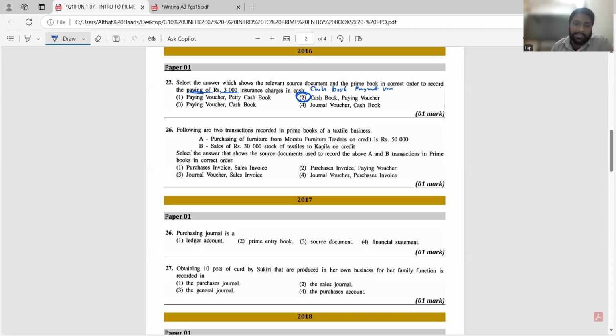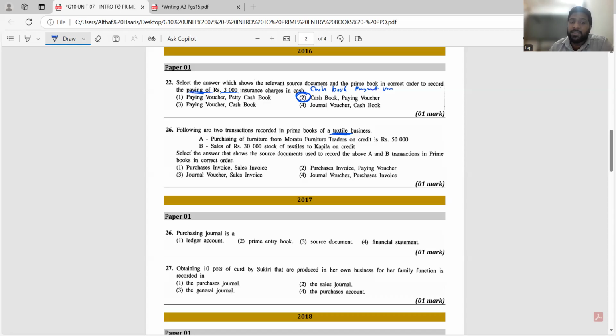Question 26. Following are 2 transactions recorded in the prime entry book of a textile business. Purchase of furniture from Morato furniture traders on credit basis.